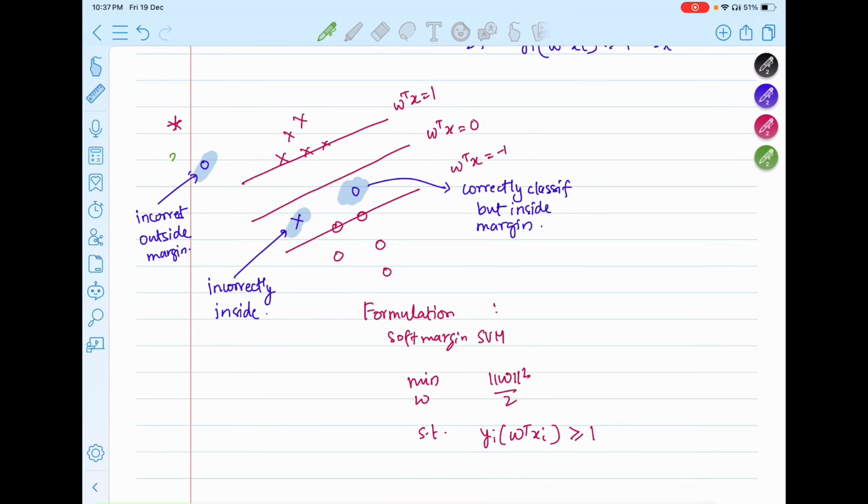Let us say this is x1, this is x2, and this is x3. So what will be W transpose x1 times y1? It will be this distance. It will be something bigger than 1, right? In fact, it will be bigger than 2 also, by the way. Let's say something like 3.